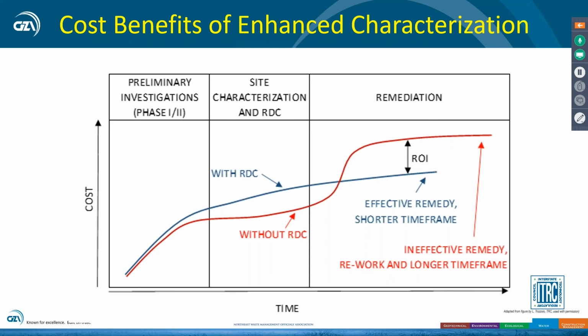And so the takeaway here, I think, again, another good ITRC point, is that if you do remedial design characterization within the zone of remediation, if you do more work there, your long-term costs are going to be reduced. So I think that's a great takeaway.